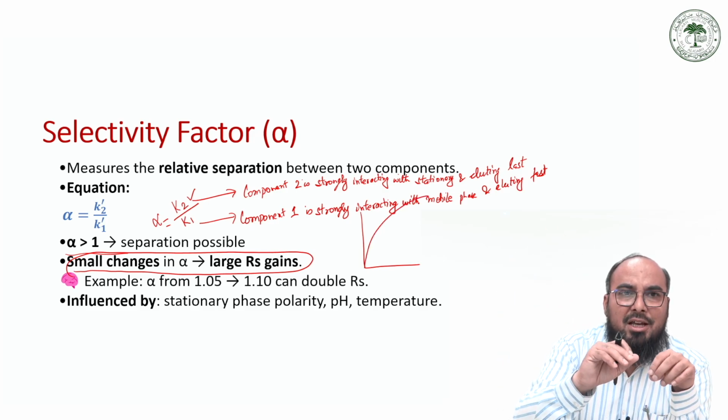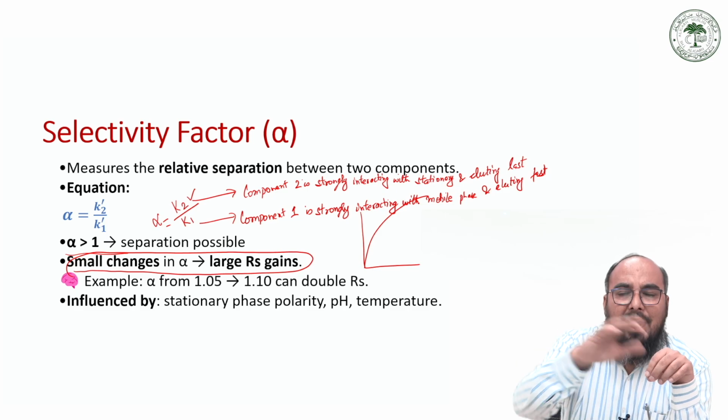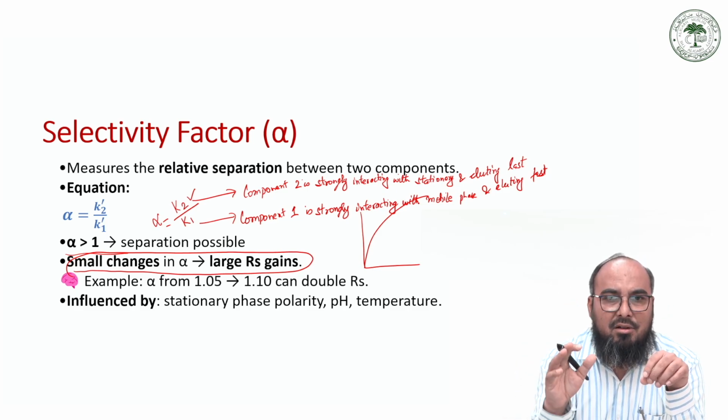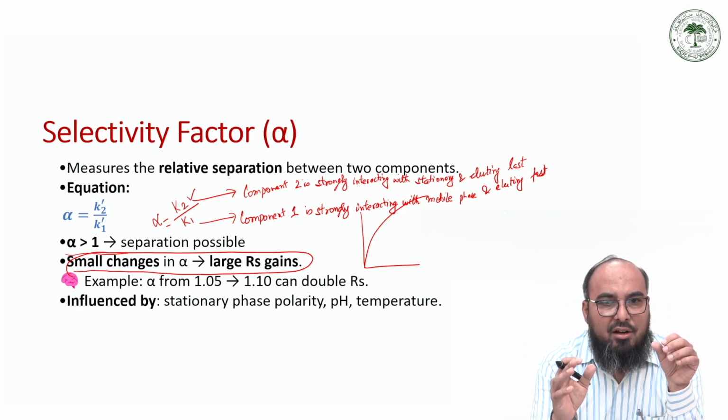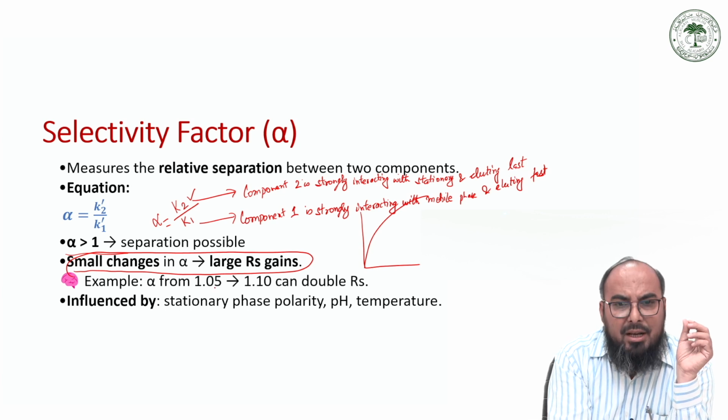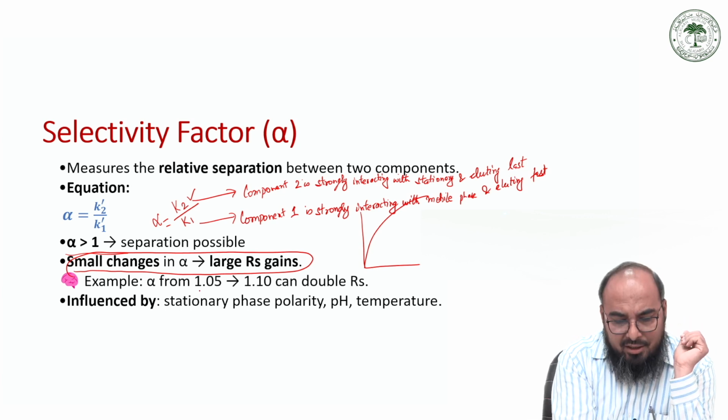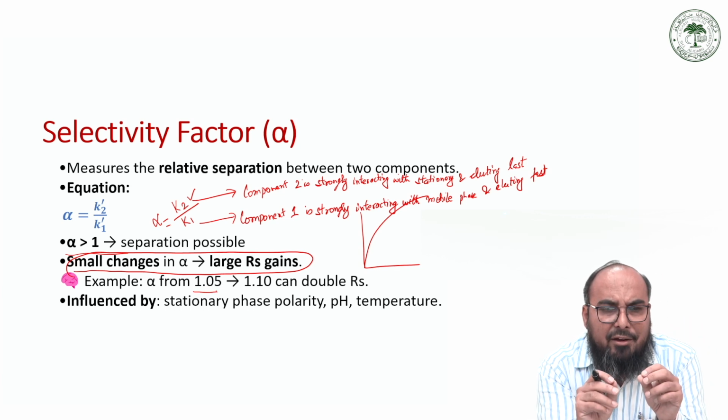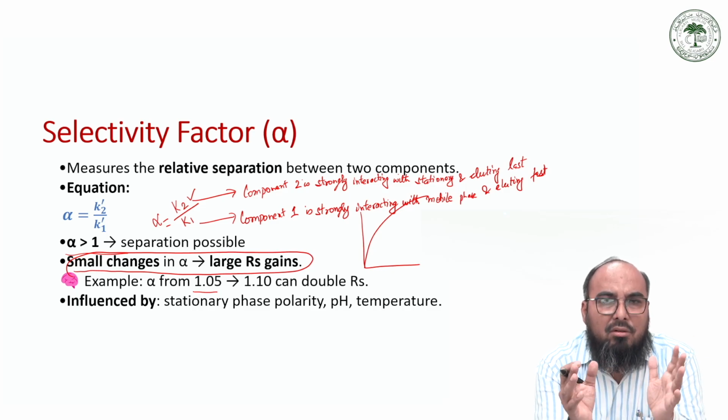A very small change can change it to a very high extent, so the resolution changes appreciably. For example, a very practical example: just 1.05 to 1.1 makes the resolution just double. You can understand, a fraction doubles the resolution.